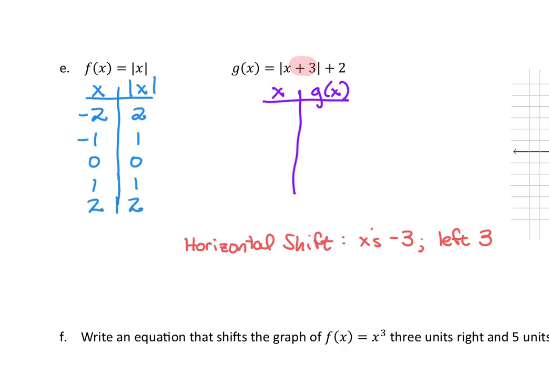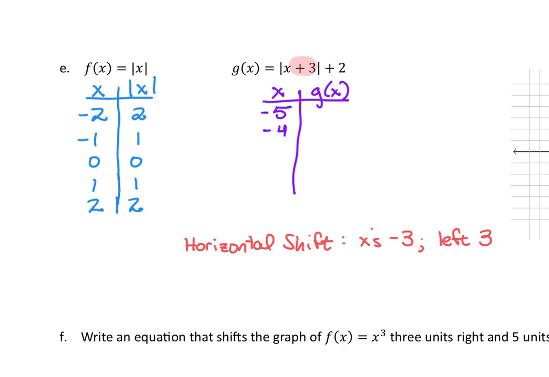If we start with -2, -2 minus 3 is -5. -1 minus 3 is -4.